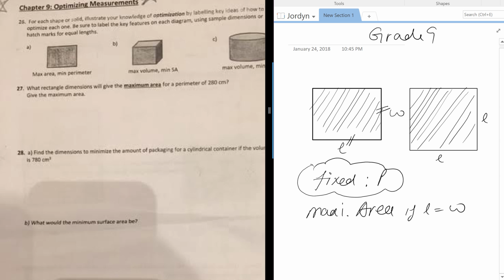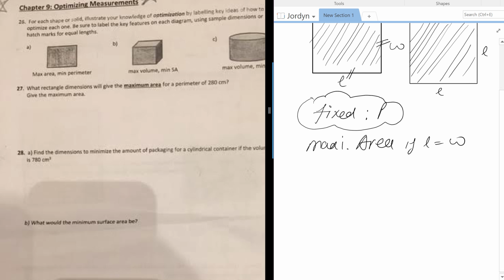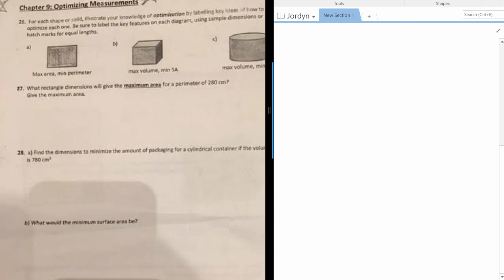Alright, that was that, and now maximum volume, minimum surface. So how about minimizing this fence, minimizing the perimeter? How would we minimize the perimeter? Minimize means the area is going to be fixed. Let me write it down here.